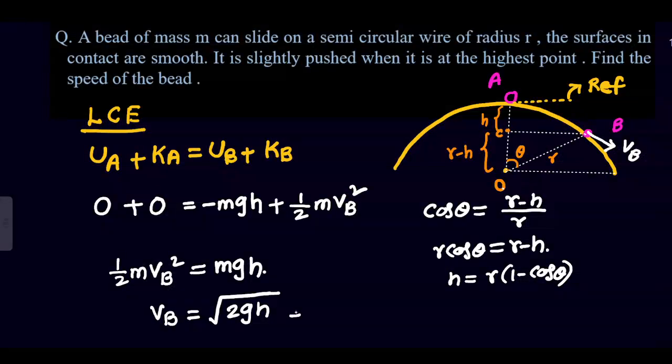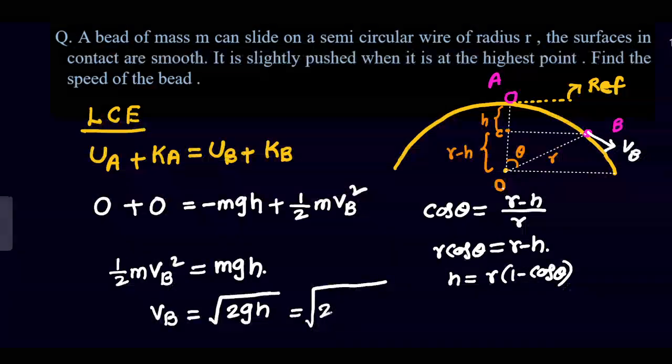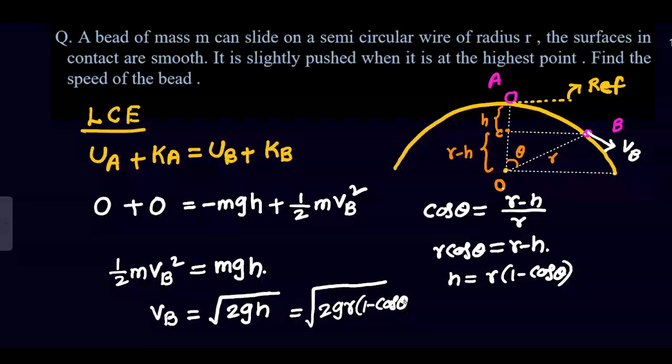Placing this value, the speed is square root of 2gR(1 minus cos theta). Theta also we have considered; actually they will mention it in the problem in terms of the vertical angle.